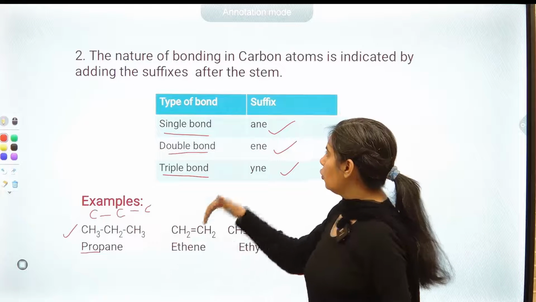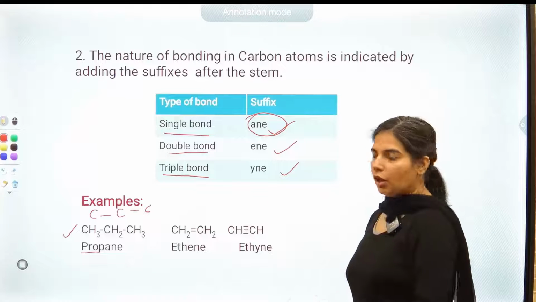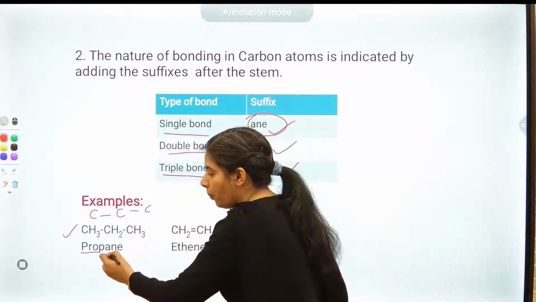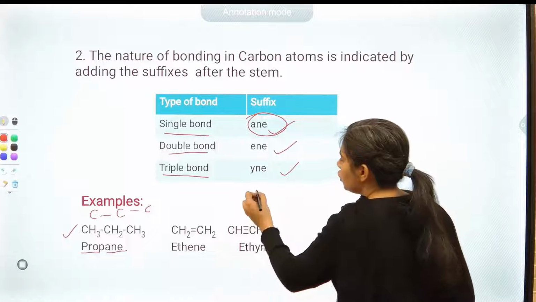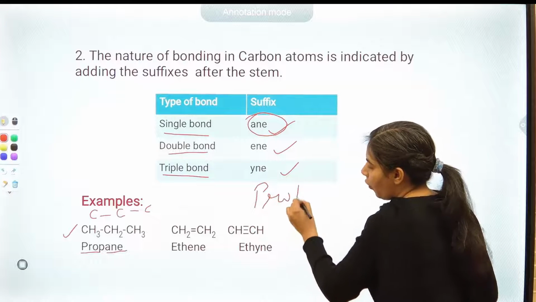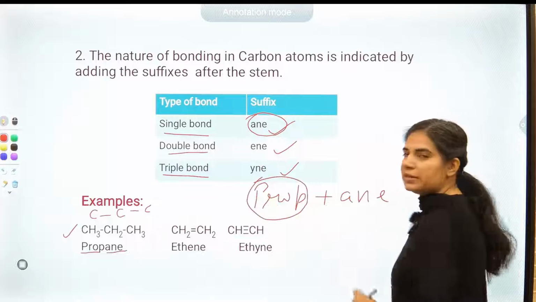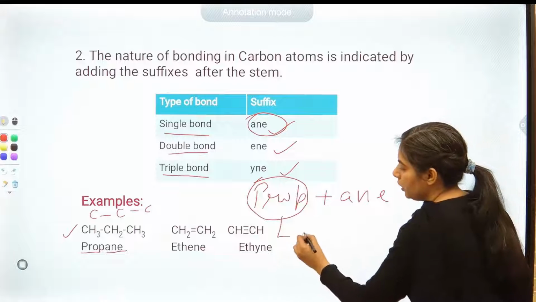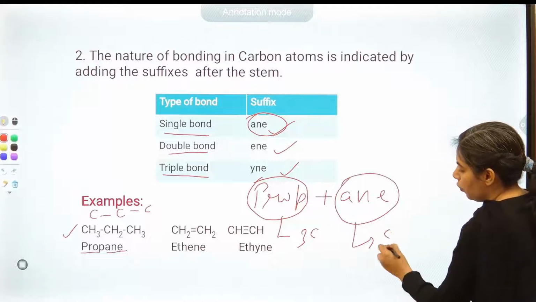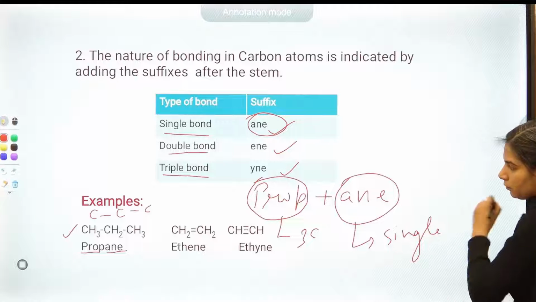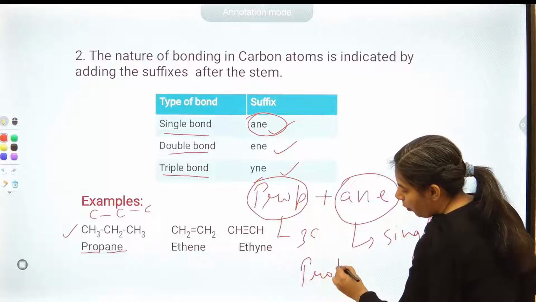So for a single bond, we are going to use the suffix ane. Prop is the stem portion for the 3 carbons, and ane is what we use for a single bond. So collectively we came up with propane.